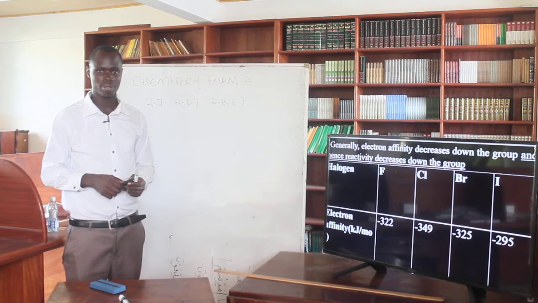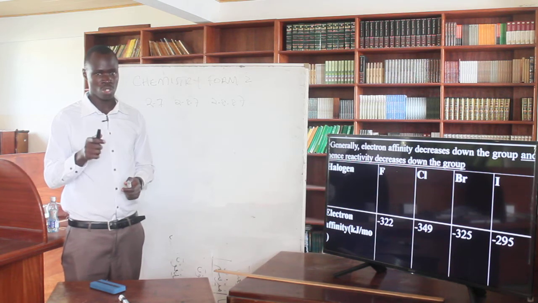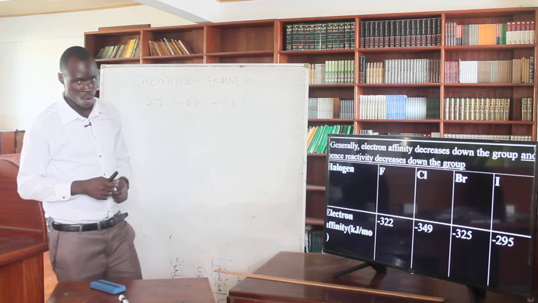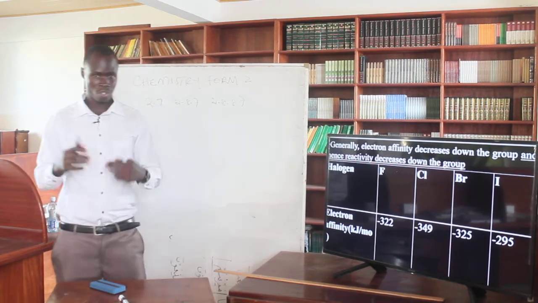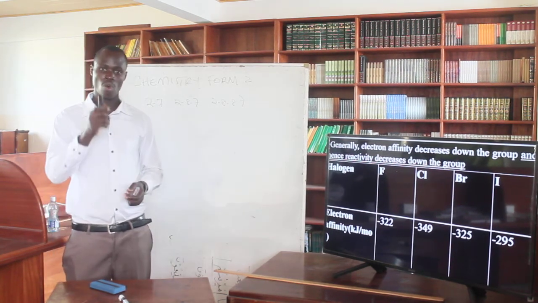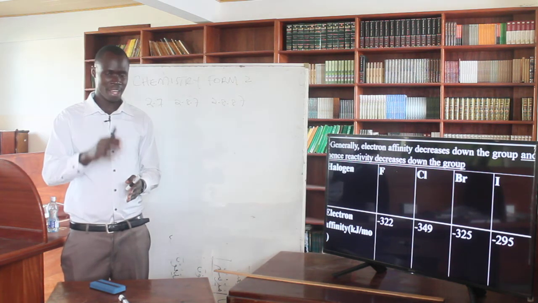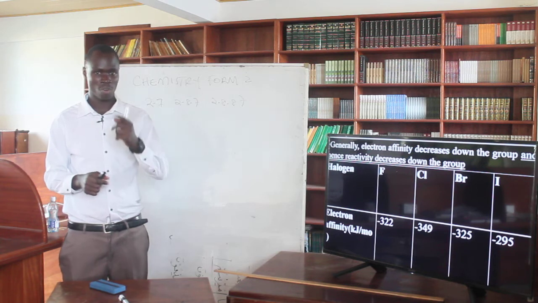electron affinity. As you can see, electron affinity reduces down the group, except for fluorine, which has got negative 322, even though it's a little bit higher. But if you compare fluorine and chlorine, chlorine is higher, which is the second, is higher than fluorine.